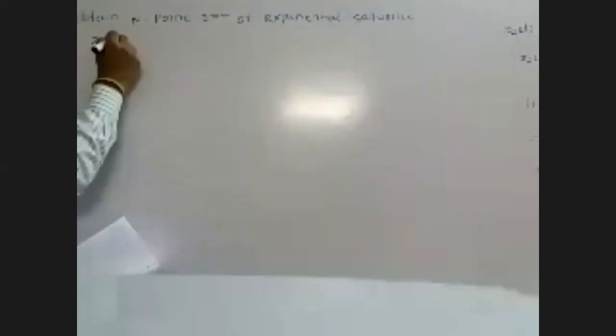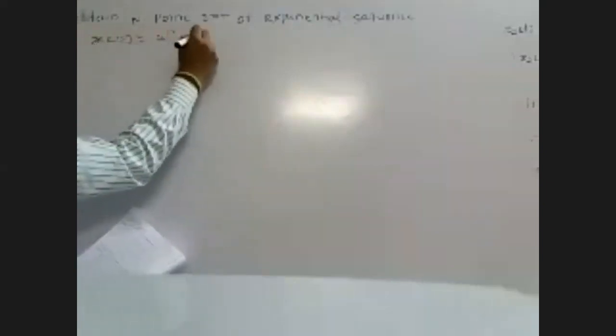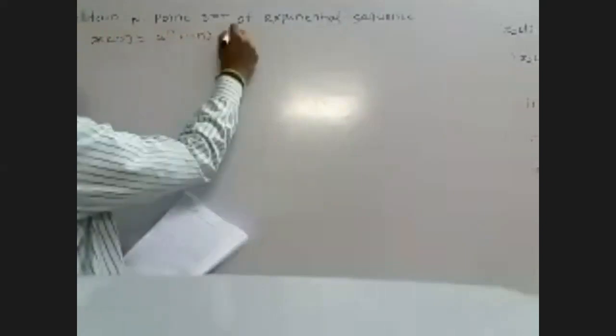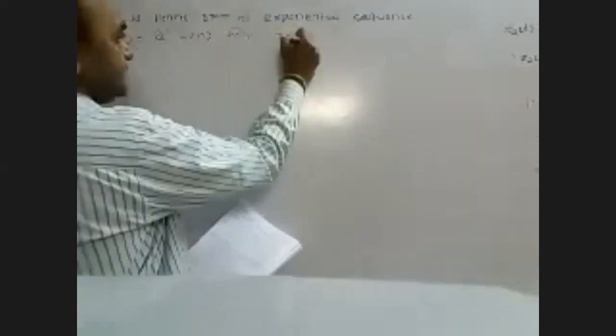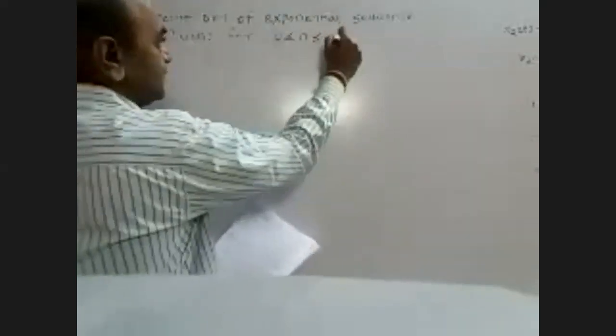What is the exponential sequence? That is x of n is equal to a raised to n u of n. Its length is given for 0 less than or equal to n less than or equal to N minus 1. So this sequence is given to you in the problem.